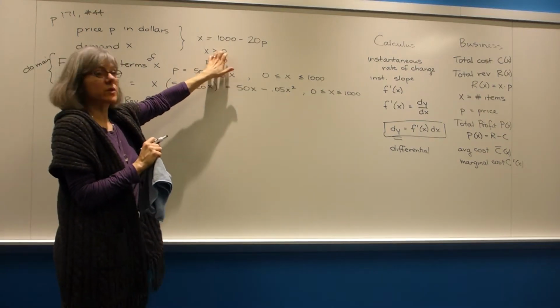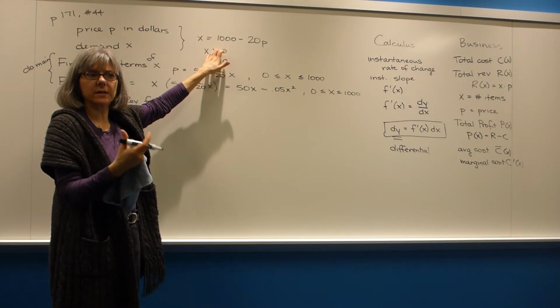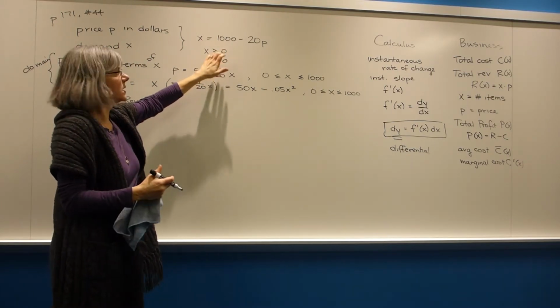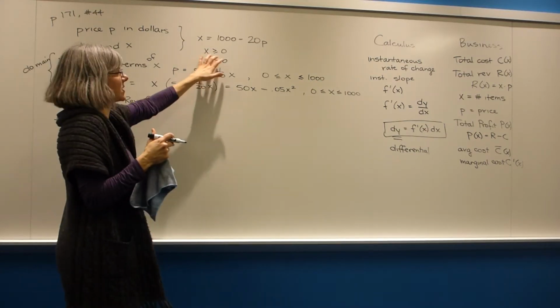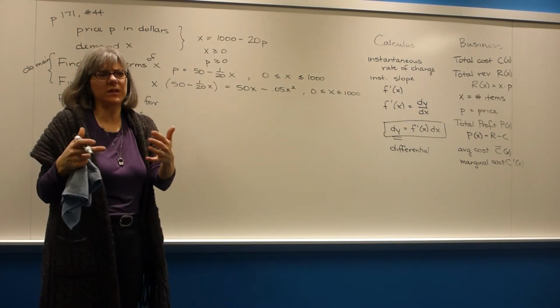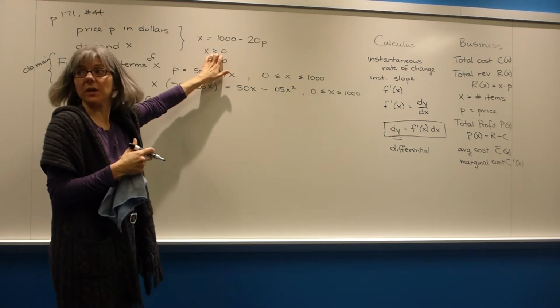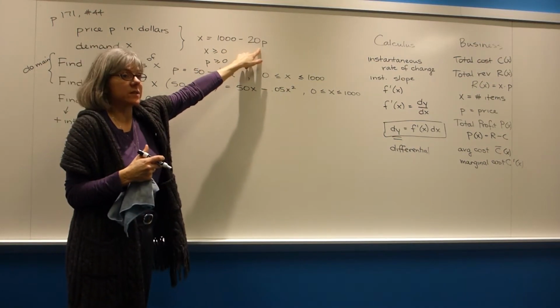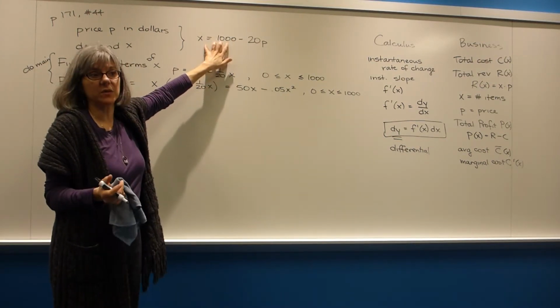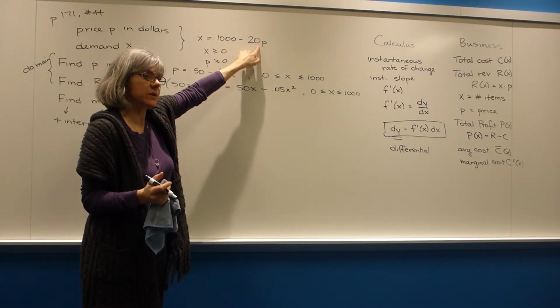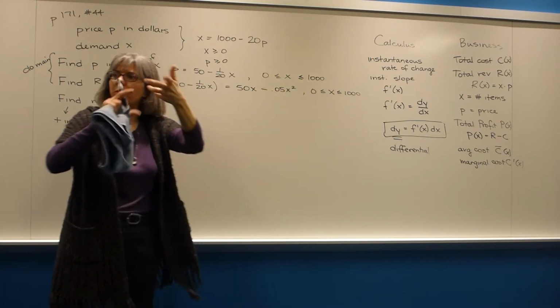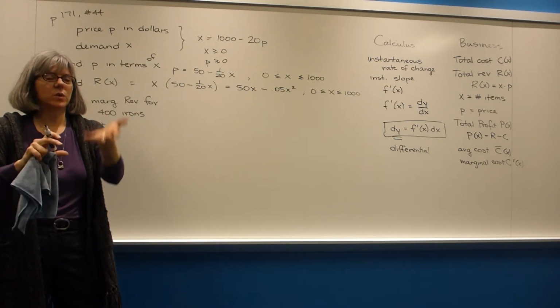Yeah, x is always going to be greater than or equal to 0 unless the problem states something different than that. Because maybe when x is below 10, there's a very strange price structure. So they may give you a different number here, but as soon as price gets to 0, you know you've maxed out on the number of items. So I find that to be the easiest way to find the domain, is to put price equals 0, because they go backwards. They're opposite of each other, right? As one goes up, the other goes down.